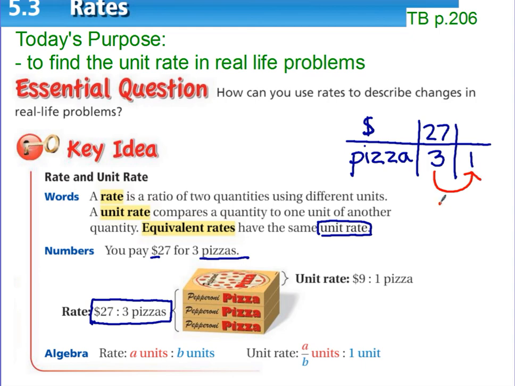And the answer is divide by 3. So if I'm dividing pizzas by 3, then I also have to come up here to money and divide it by 3. So 27 divided by 3 is 9, which means the unit rate is $9 for 1 pizza.